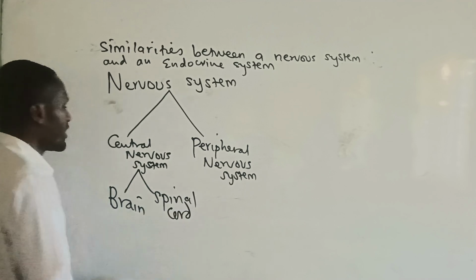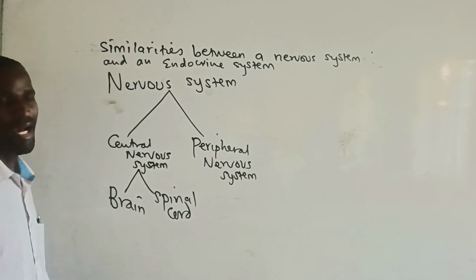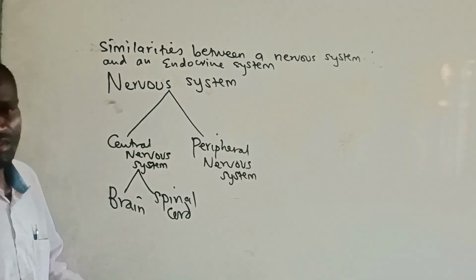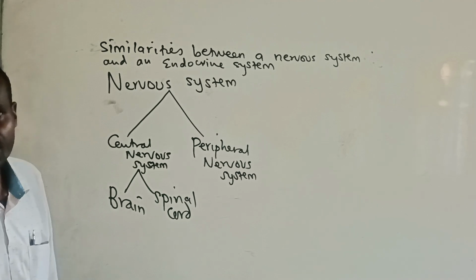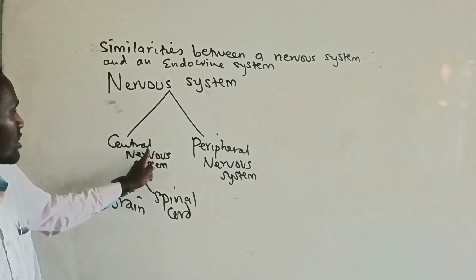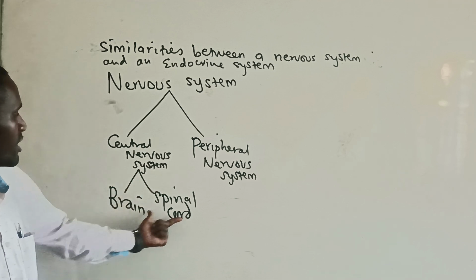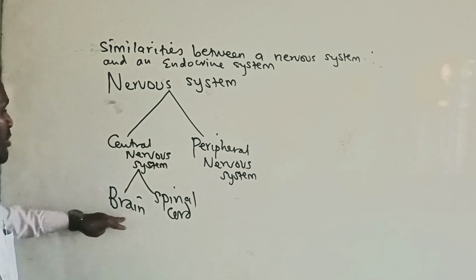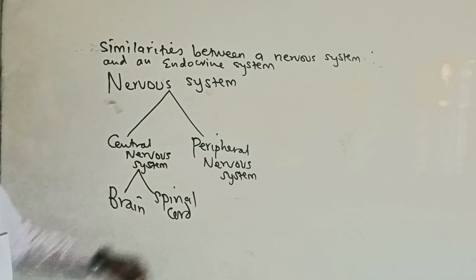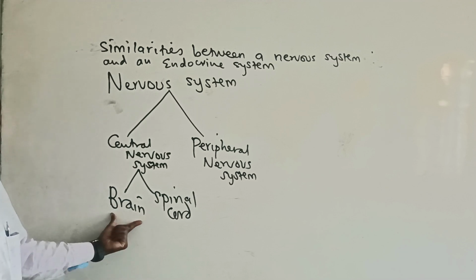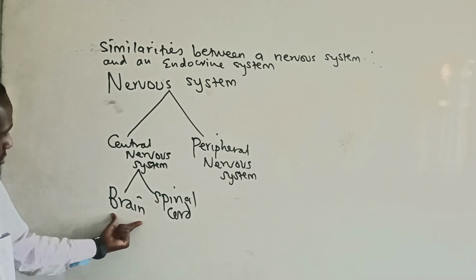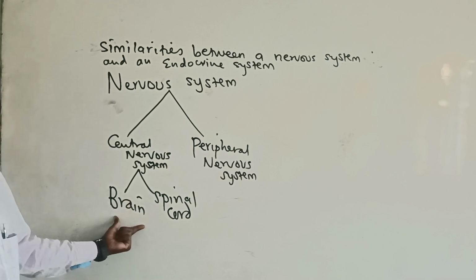You see? And these are referred to as the parts where there's interpretation of the messages getting sent. So at this point, we have the central nervous system consisting of the brain and the spinal cord. And of course, we are told that the brain has three very important parts. We have the forebrain, consisting of the thalamus, the hypothalamus, the cerebellum, the pituitary gland.